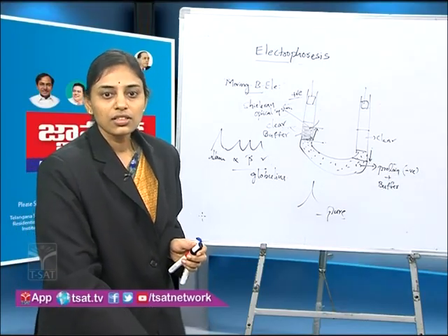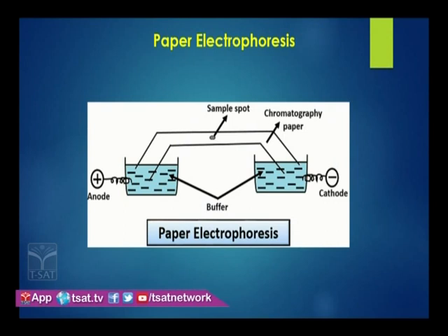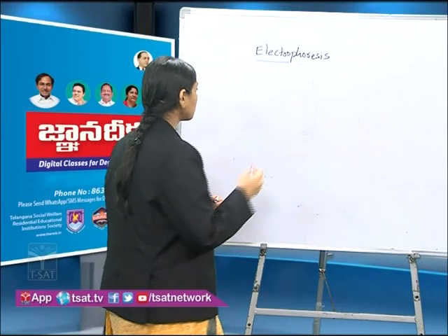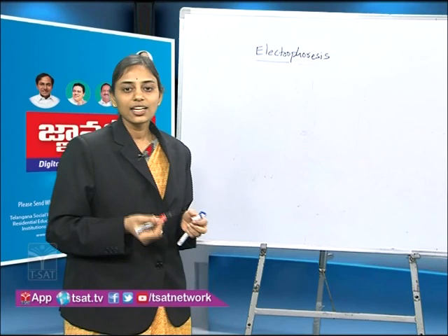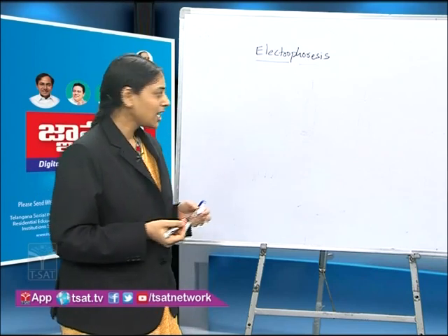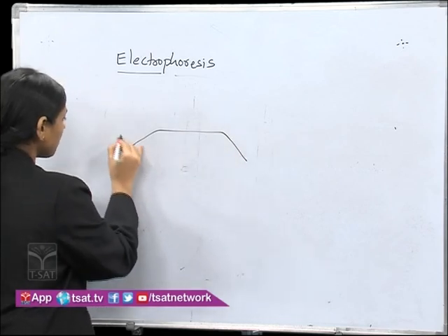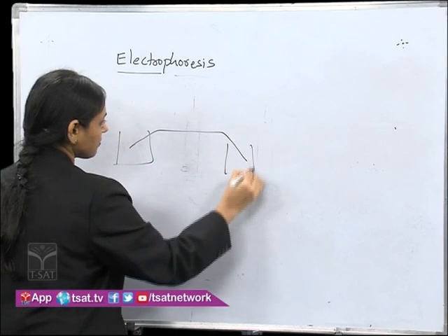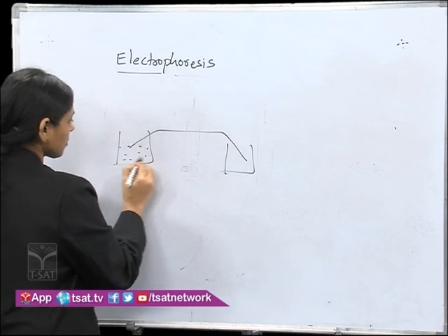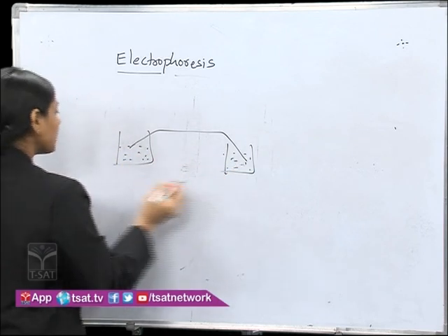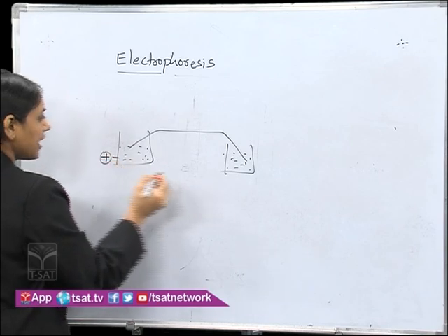Next, paper electrophoresis. In paper electrophoresis, the supporting material is paper. In order to run the system, first the paper should be dampened with the buffer solution which we are going to use, and either sides of the paper should be immersed in the buffer tank, and this buffer tank is connected to the electrodes.